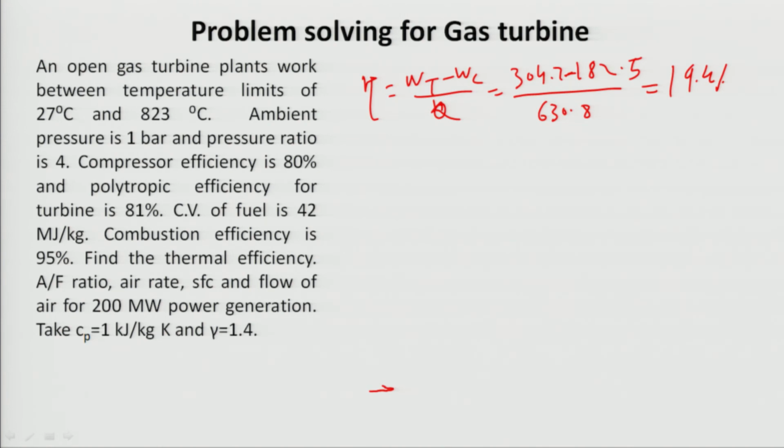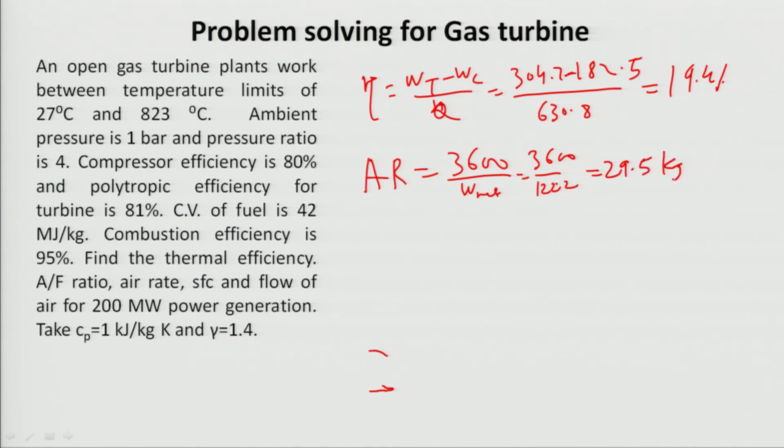Now, air rate is going to be 3600 upon W net, and net work is equal to 122.2, this comes to 29.5 kg per kilowatt hour. Specific fuel consumption is again air rate into mass of fuel divided by mass of air, which we have already calculated.